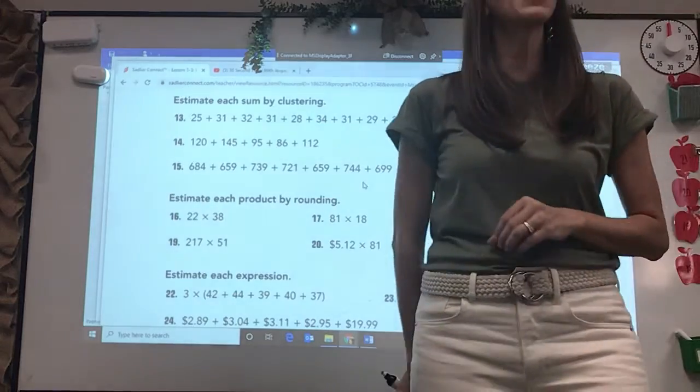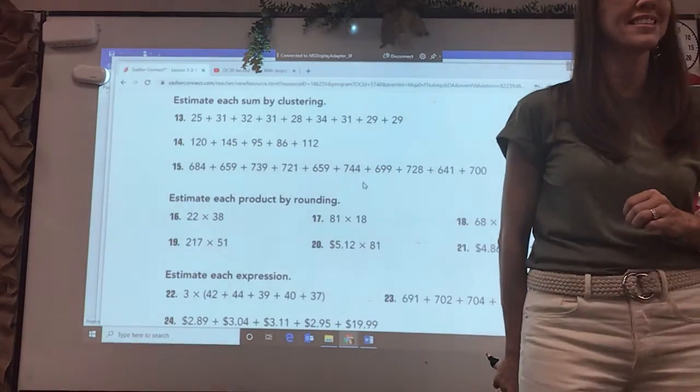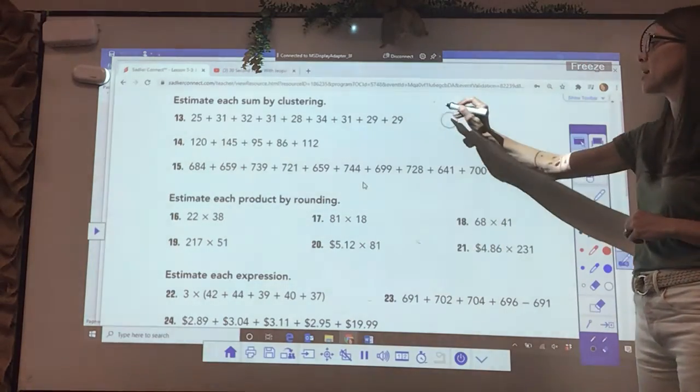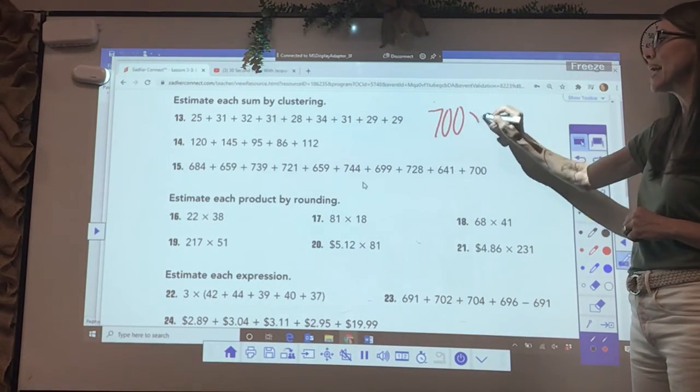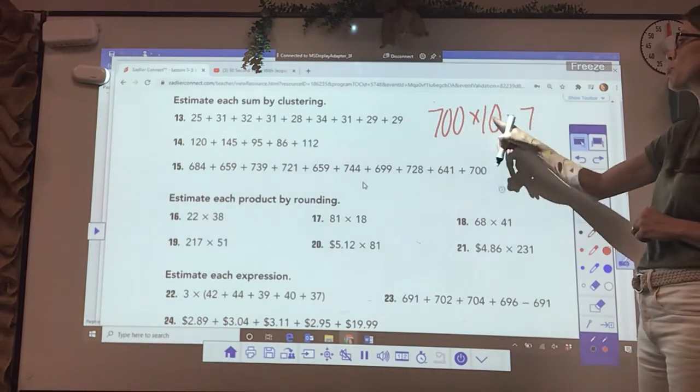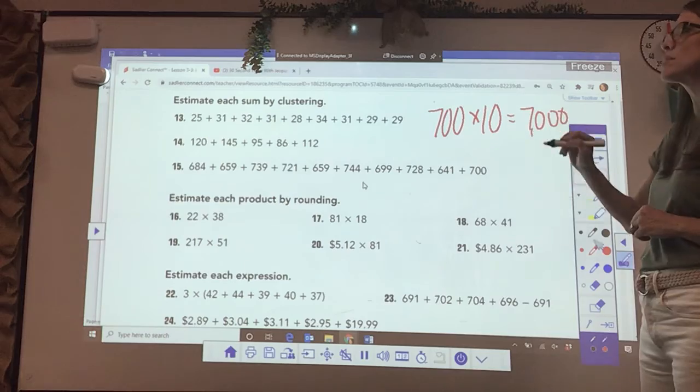Okay, if you got 7,000, because all these are around 700, and there were 10 of them, 7 times 1 is 7, and then you add 1, 2, 3 zeros, 7,000.